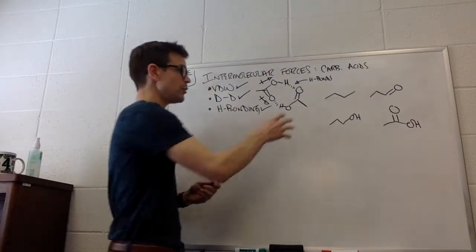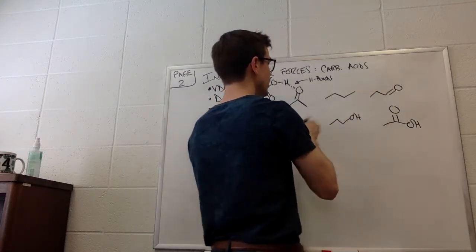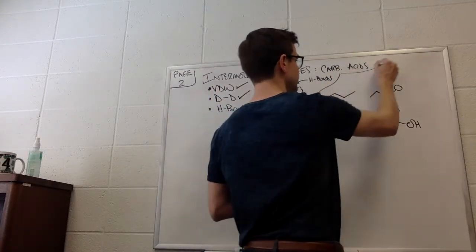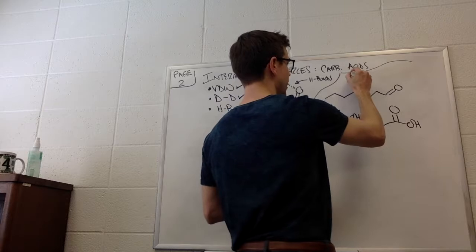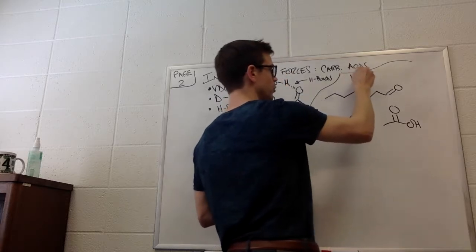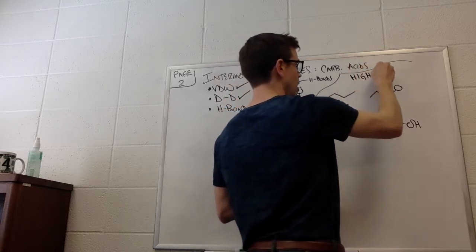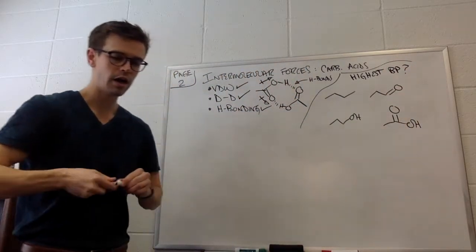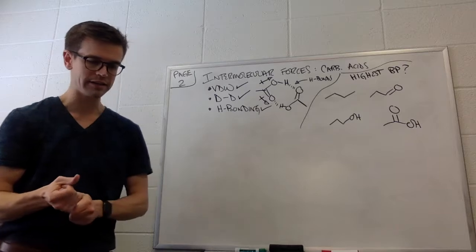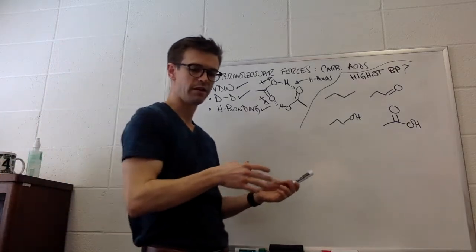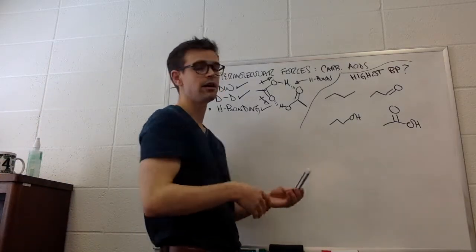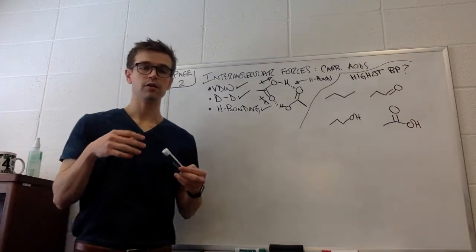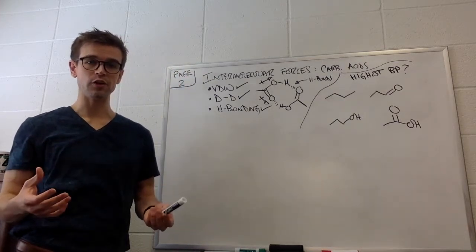So we have these 4 molecules over here. So the question with these is, which is going to have the highest boiling point? And what we see in the note packet is that they all have roughly 58 to 60 grams per mole. That's their molecular weight.